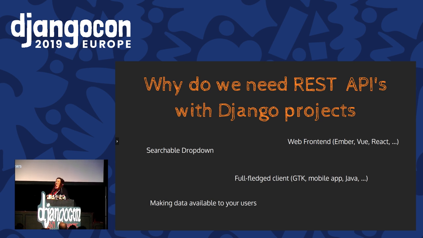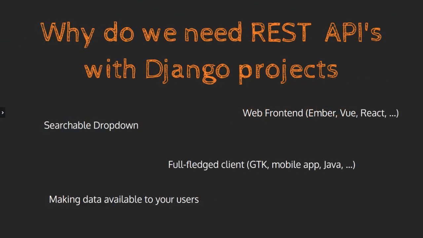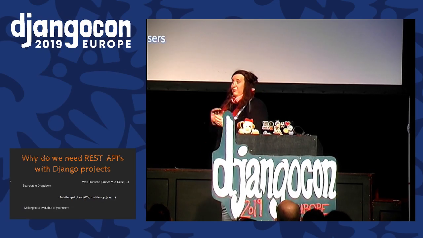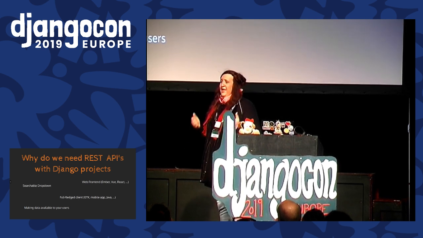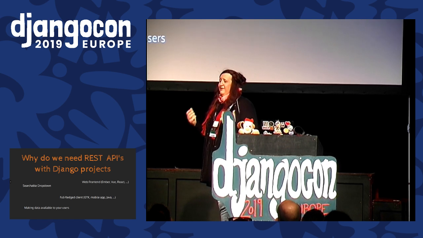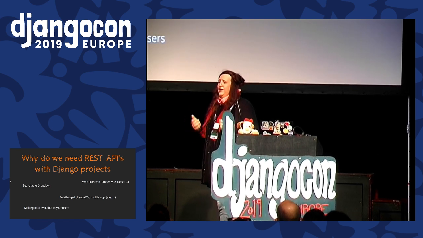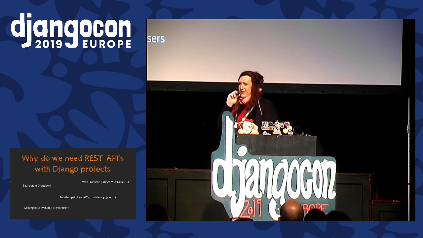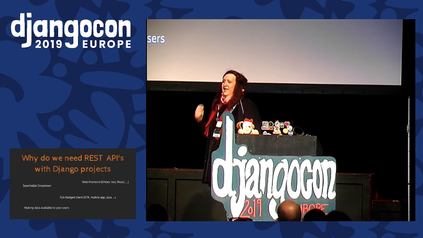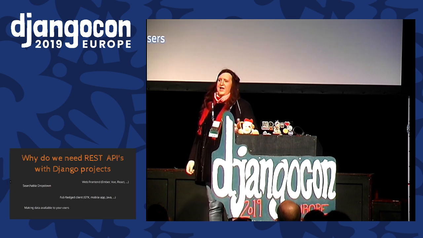But more recently, there's been other uses for APIs. Mobile devices have made APIs much more popular and needed because whether you have an Android or an iPhone, these are two completely separate clients that need to interact with the same set of data, retrieve the same data, and update the same data.